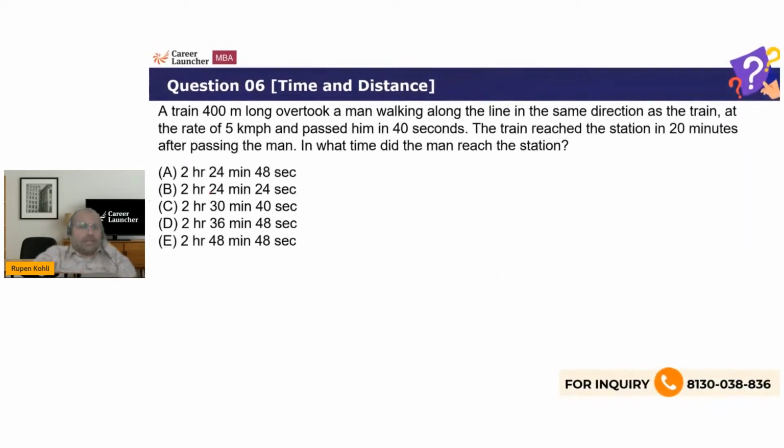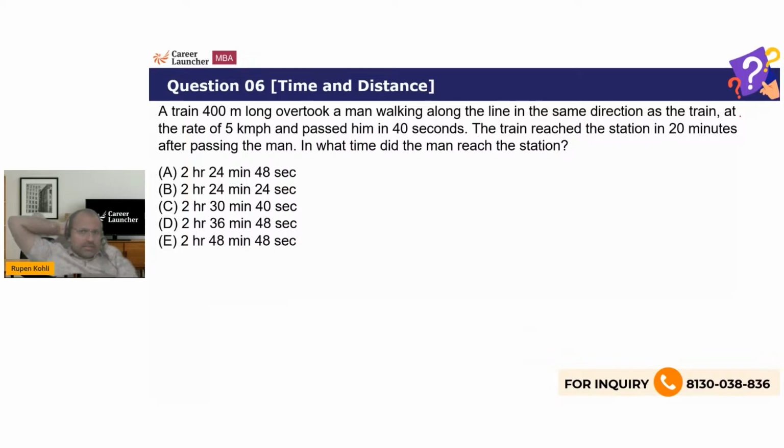Let's see. Okay, now let's see this one. A train 400 meters long overtook a man walking along the line in the same direction as the train at the rate of 5 kilometers per hour and passed him in 40 seconds.